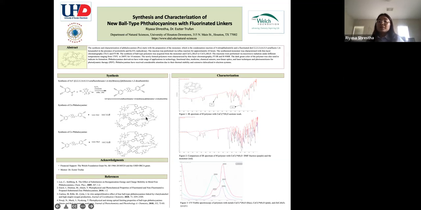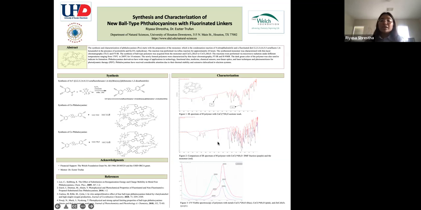As I said before, these compounds were very dark green in color. And the way I characterized them was using IR spectrum and UV visible spectroscopy. Under characterization, figure 2, you can see the comparison of the IR spectrum of the ball-type phthalocyanine with cobalt chloride, which is in purple, and the monomer, which is in red.